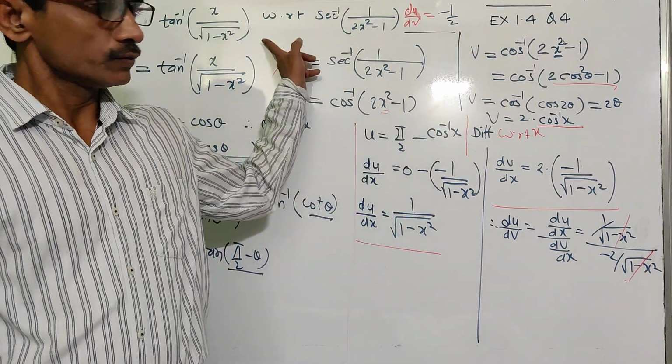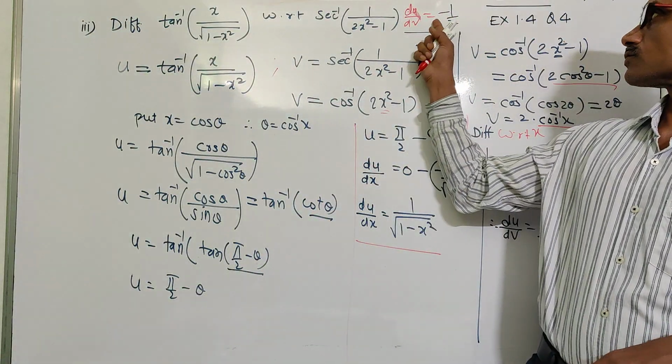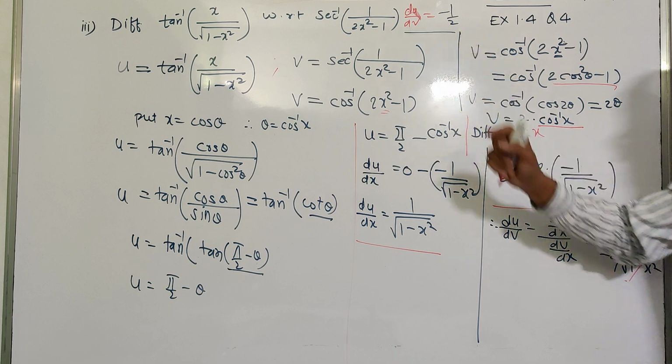So du by dv is minus 1 upon 2, which is the required answer.